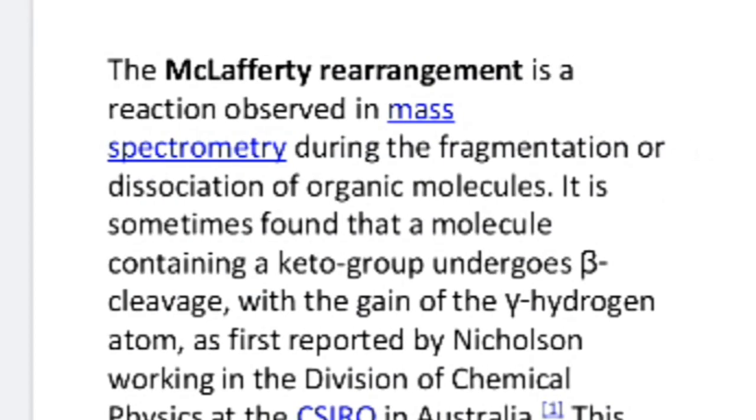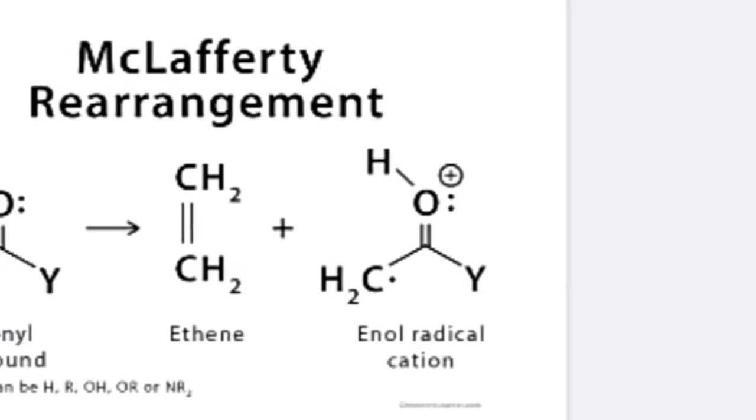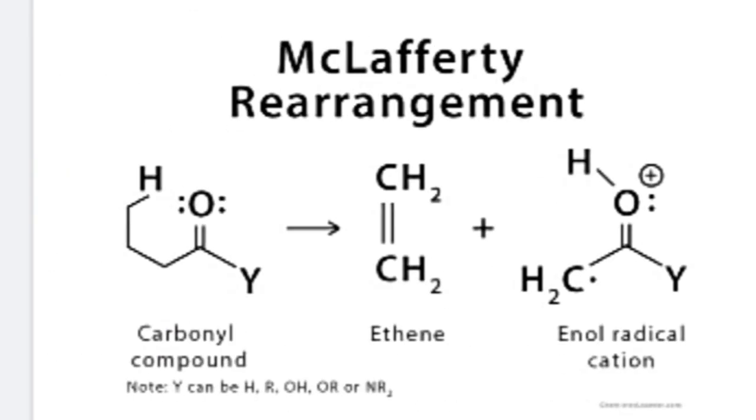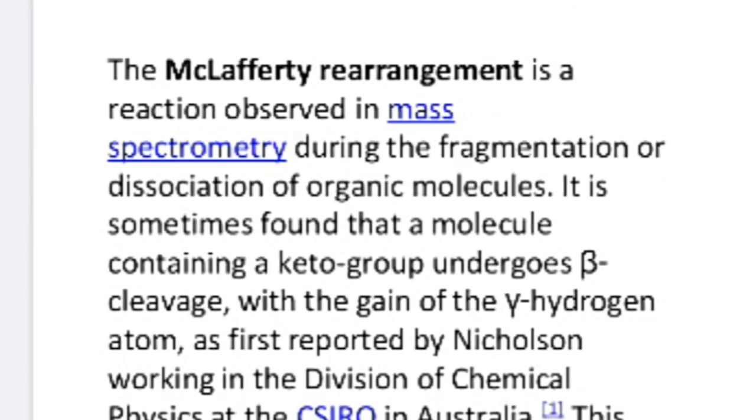The McLafferty rearrangement is a reaction observed in mass spectroscopy during the fragmentation or dissociation of organic molecules. It is sometimes found that a molecule containing a keto group undergoes beta cleavage with the gain of a gamma hydrogen atom, as first reported by Nicholson, working in the Division of Chemical Physics at the CSIRO in Australia.